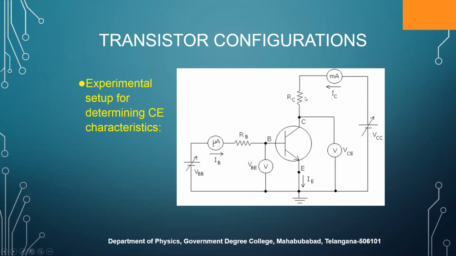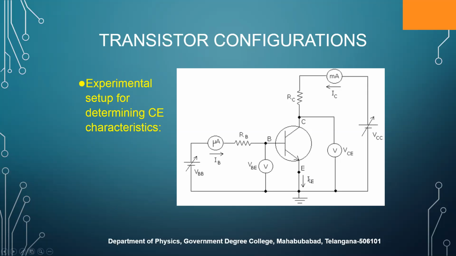Next, coming to RC, this one will be of the order of ohms, 200 to 300 ohms. This is also for limiting the current IC. So this is the entire circuit.